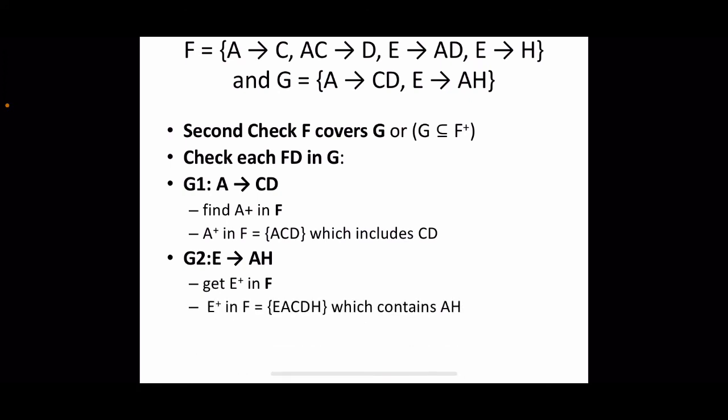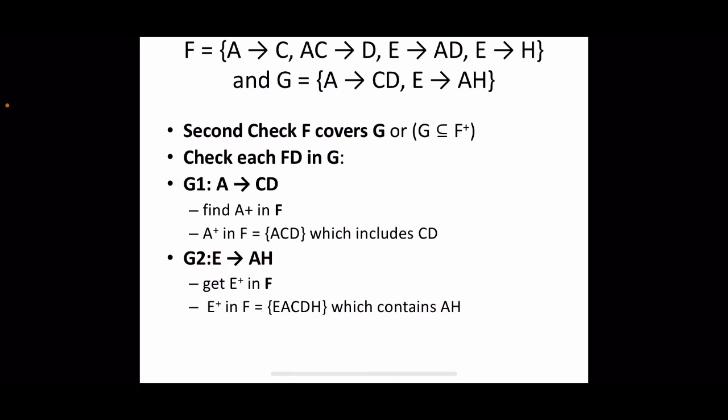After that, now the closure value will be EADH. Then we can consider this dependency. A is already there, so C can be added. AC is a subset of this closure value. So we can include this D also, right? So the closure of E with respect to F will be EACDH. And this contains AH, right? So G2 also can be inferred from F.